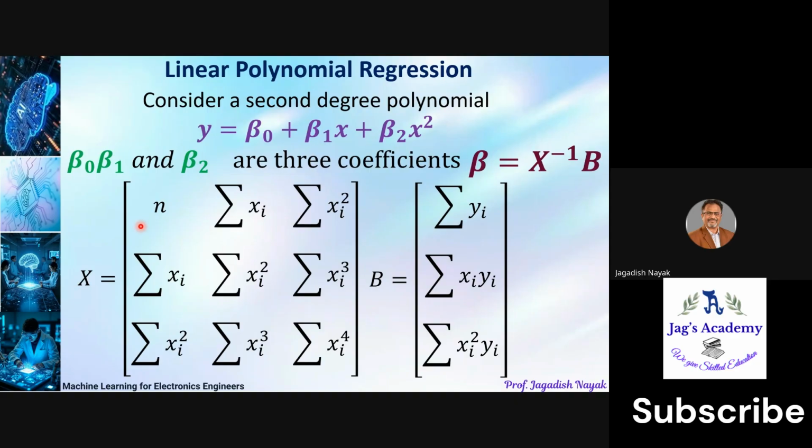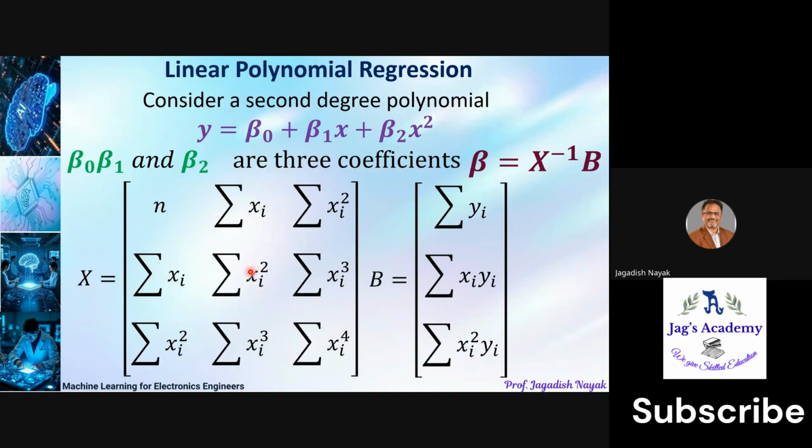X is equal to, see, n is the number of degree. Now, this is the X matrix. In the X matrix, what is n? This is the degree n of the polynomial. This one is summation xi. Summation xi square. Once again, summation xi square, summation xi cube.